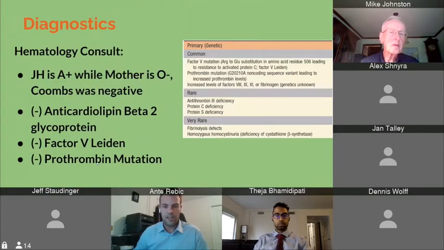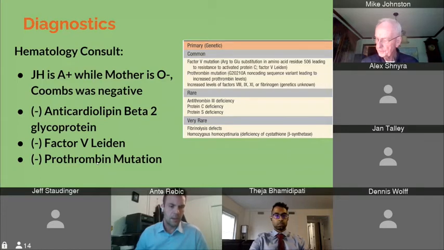And on the right here, you can see this is from the Robbins pathology textbook: what are the most common genetic causes of hypercoagulability? These include things such as a factor V Leiden mutation, prothrombin mutations, and some other rarer mutations that can occur in neonates.